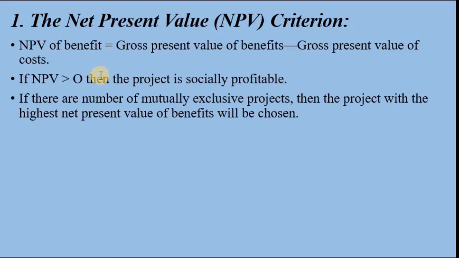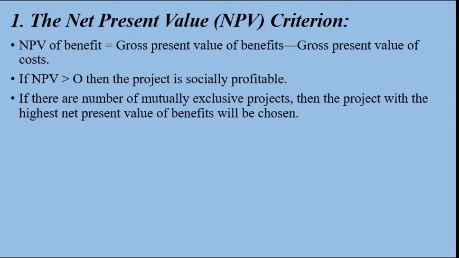If net present value is greater than 0, then this project is socially profitable. If there are a number of mutually exclusive projects available, then the project with the highest net present value of benefit will be accepted and chosen.